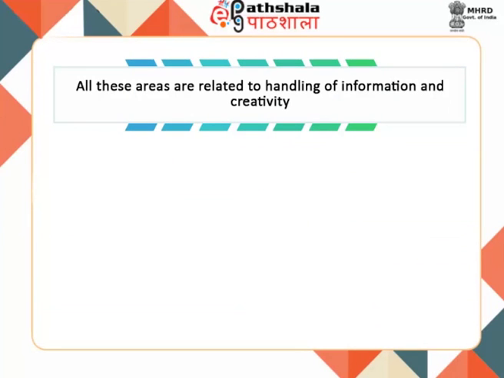All these areas are related to handling of information and creativity. Both these areas relate very well to his interest in pursuing a course in computer animation as it involves computer programming as well as creativity.